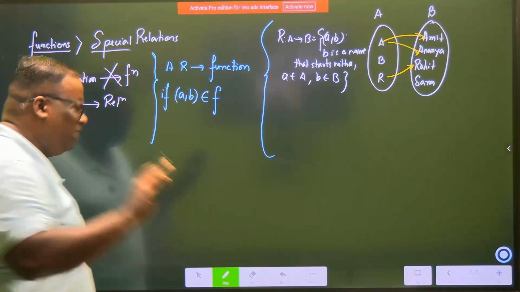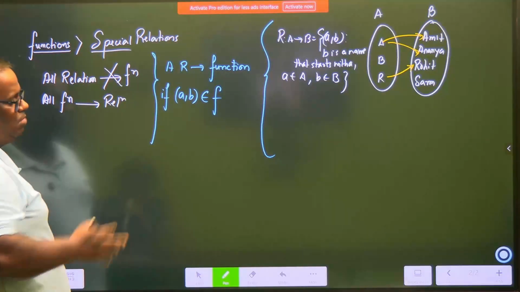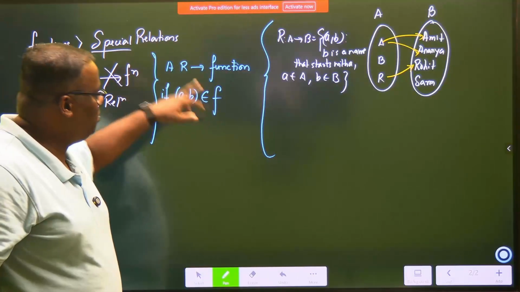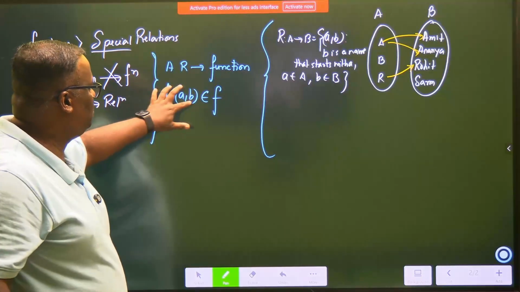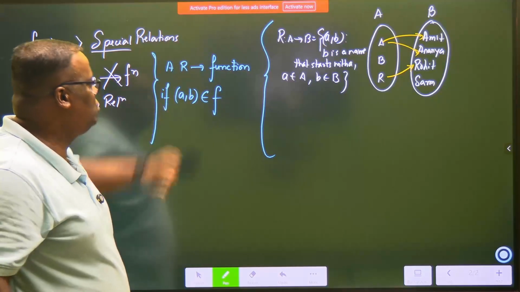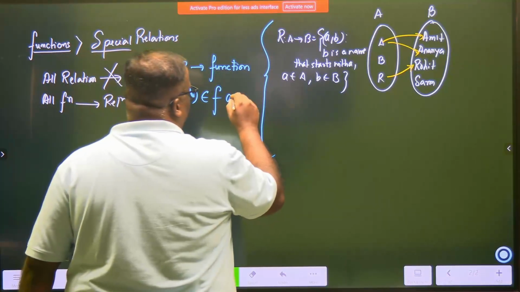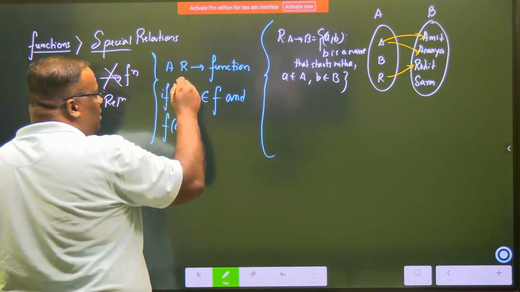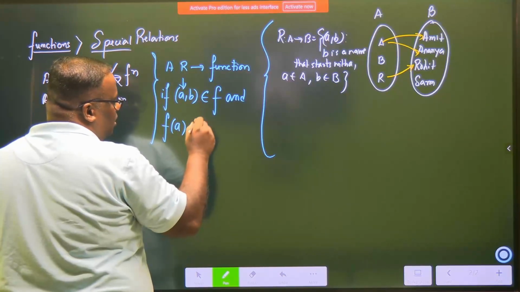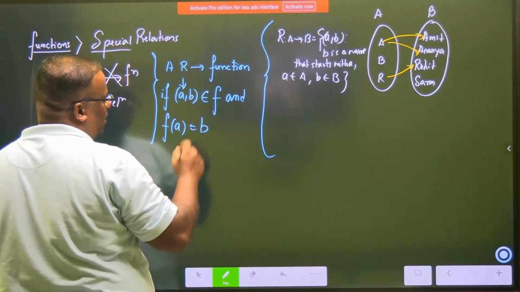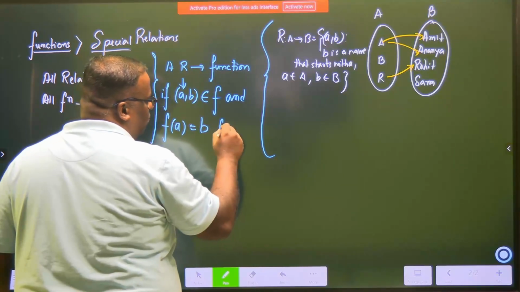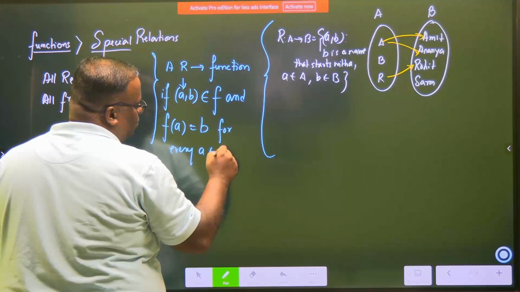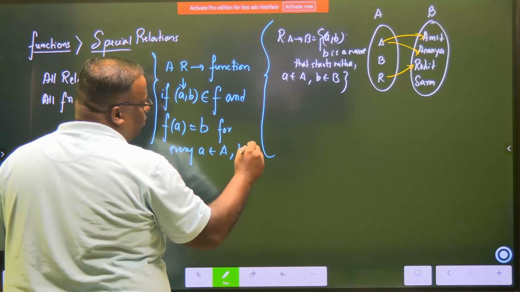Just listen to it. A relation R will be a function if the ordered pair (a, b) of the relation belongs to the function, and the function value of the pre-image is equal to the image, for every a belonging to the set A and b belonging to the set B.